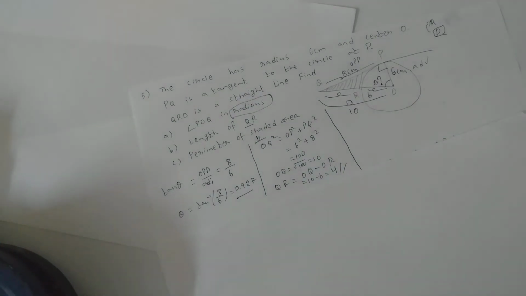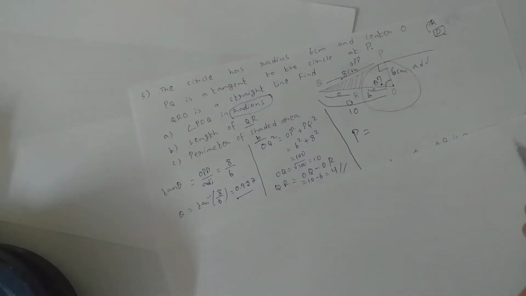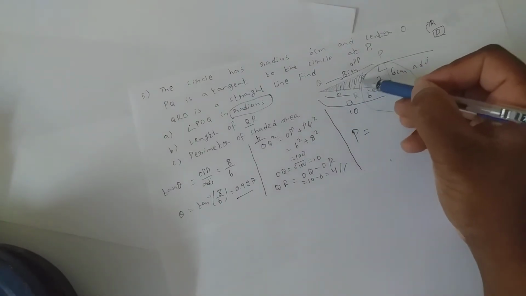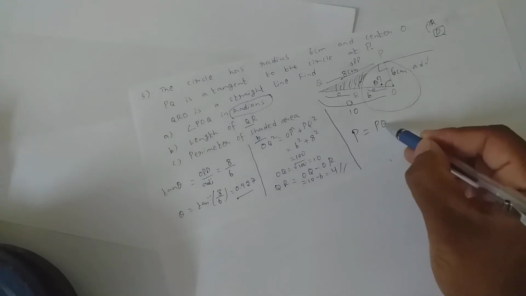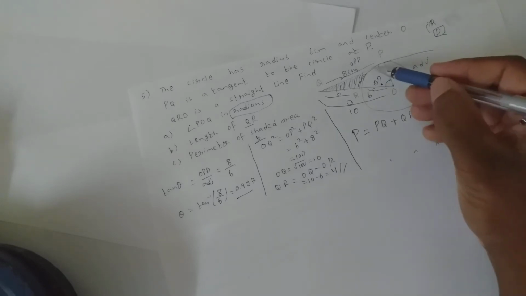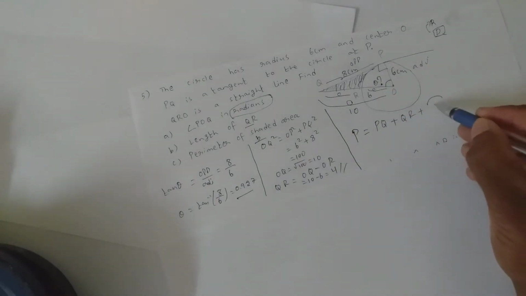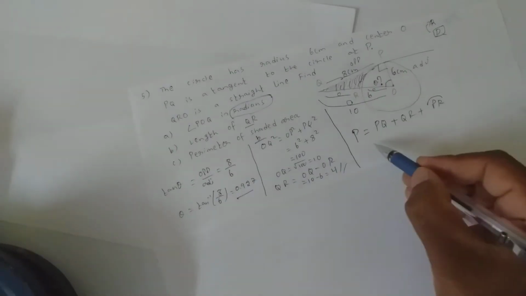Am I clear? Now look at C1. Perimeter of the shaded region. Again, perimeter means you will be adding all its boundaries. This area is shaded. So what all will you add? First let us write PQ plus QR plus, even this arc is also a boundary of it, so you need to put arc PR. Now place the values.